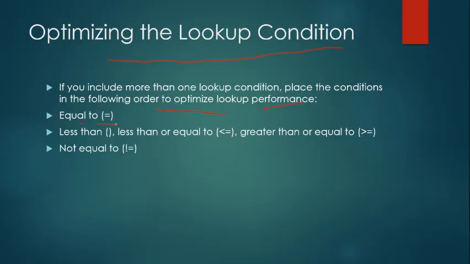First is equal to, then less than or less than or equal to, then greater than or greater than or equal to, and at last not equal to. So this is the sequence.